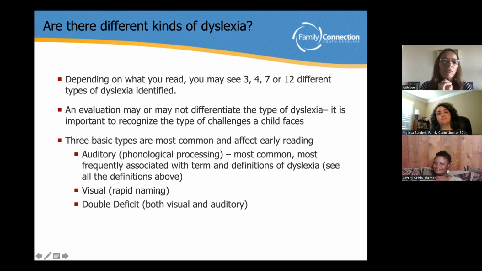There's also something called visual or rapid naming dyslexia, which refers to the child's ability to pull information up quickly in terms of remembering what the letter A looks like, remembering what the sight word was looks like, okay? So again, the key piece, and the piece most commonly associated with dyslexia, is the auditory or phonological processing.